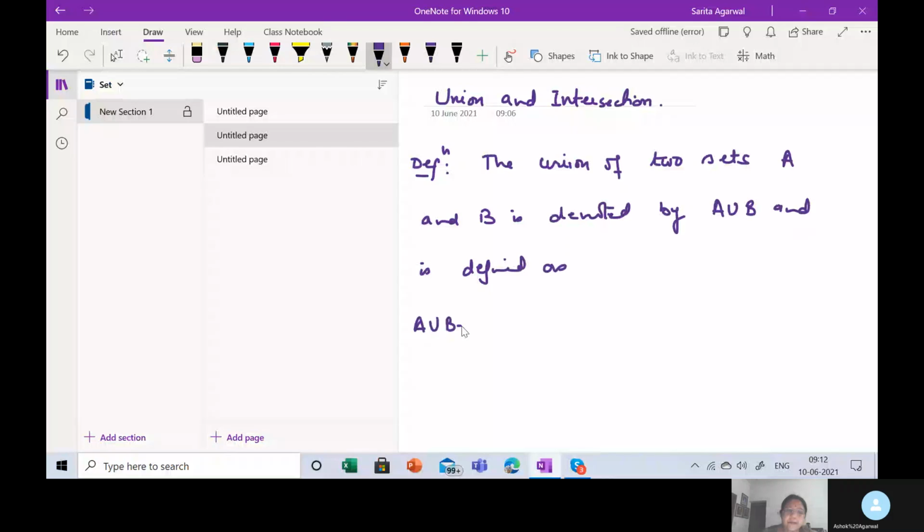A union B is the set of x such that x belongs to A or x belongs to B, right?